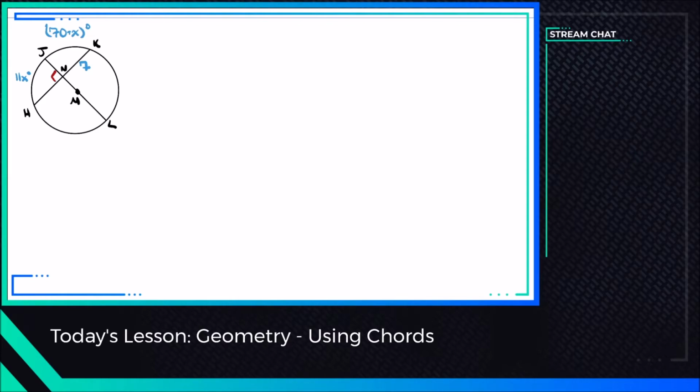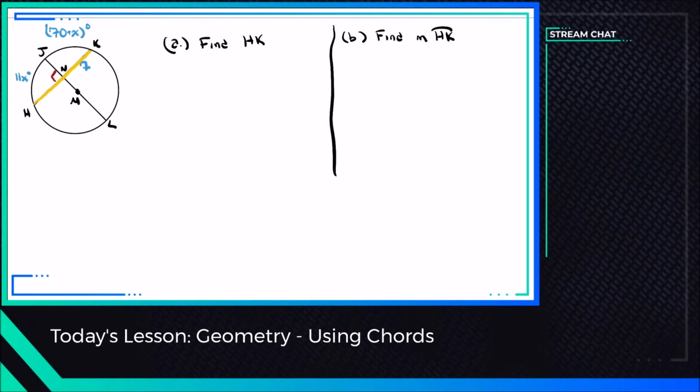We're first, A, going to find HK, and then B, we are going to find the measure of arc HK. So first we need to find the length of HK, which is this chord right here.